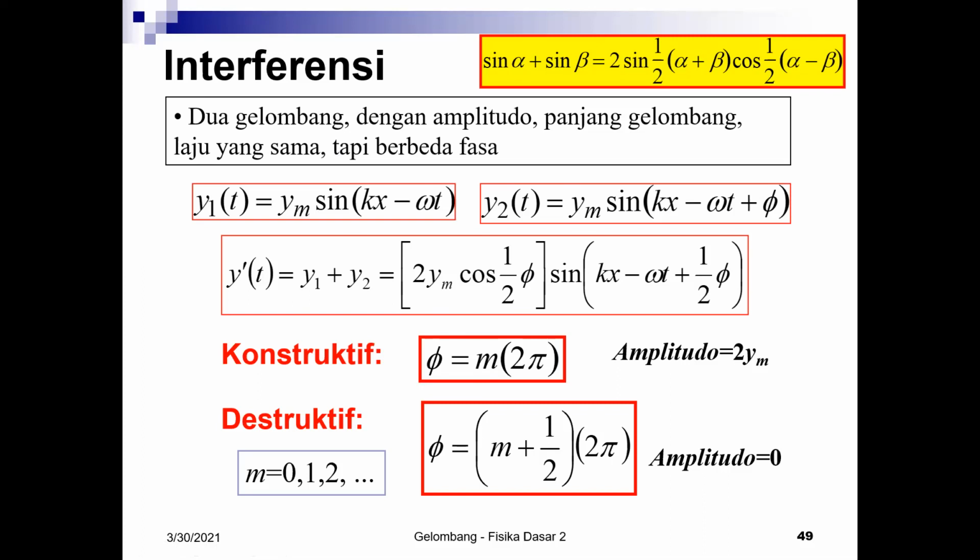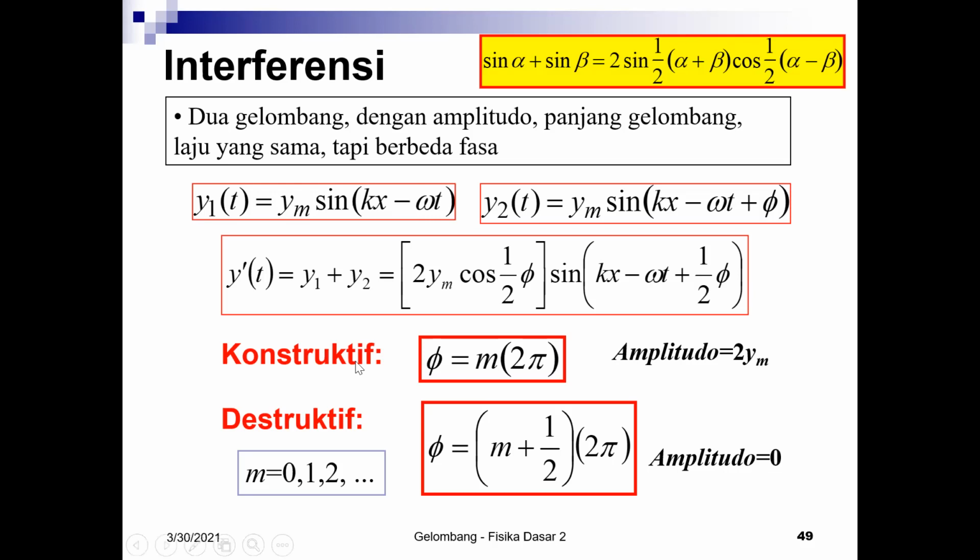So the interference will be constructive. It means that if this is light, it becomes brighter, or if this is sound, it becomes louder, okay?